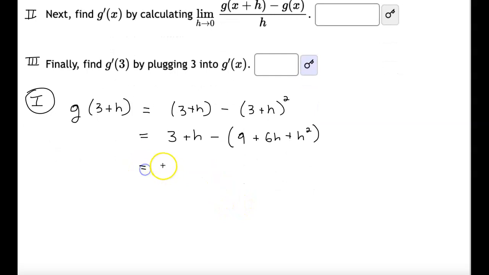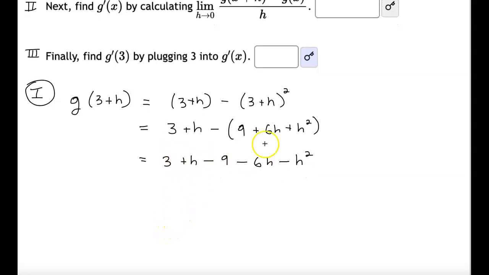And now I'm going to do a subtraction here, right? So it's going to be 3 plus h minus 9 minus 6h minus h squared, okay? And now I'll simplify this.